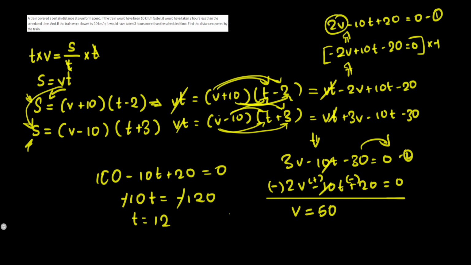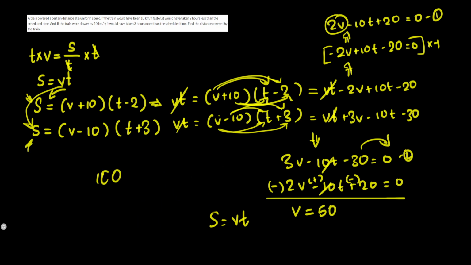Now let's find the distance. Distance s is equal to vt. Let's do that. So s is equal to 50 times, what was it? Yes, 50 times 12.